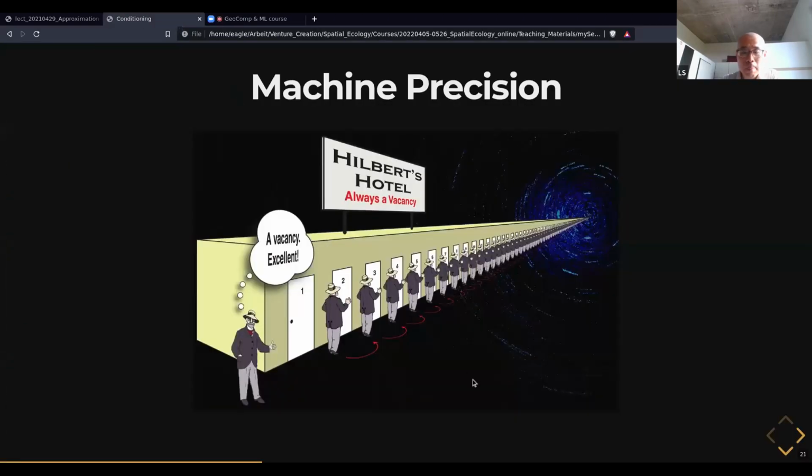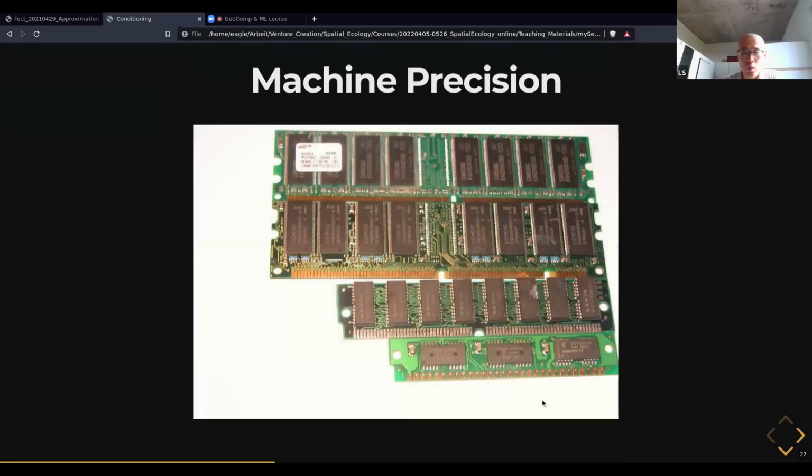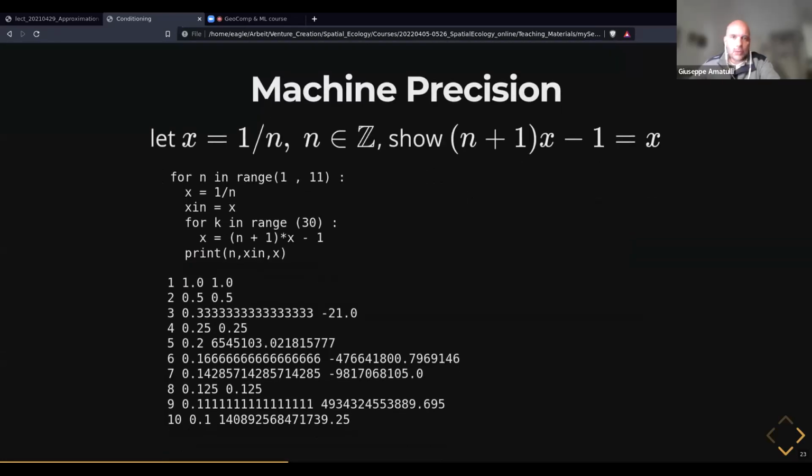Do you see my screen? Yes, perfect. So this is real code. I hope Eric can see it. Now let's leave the philosophy a little on the side and get into coding. Here I say x equals 1 over n, where n is one of the integers.